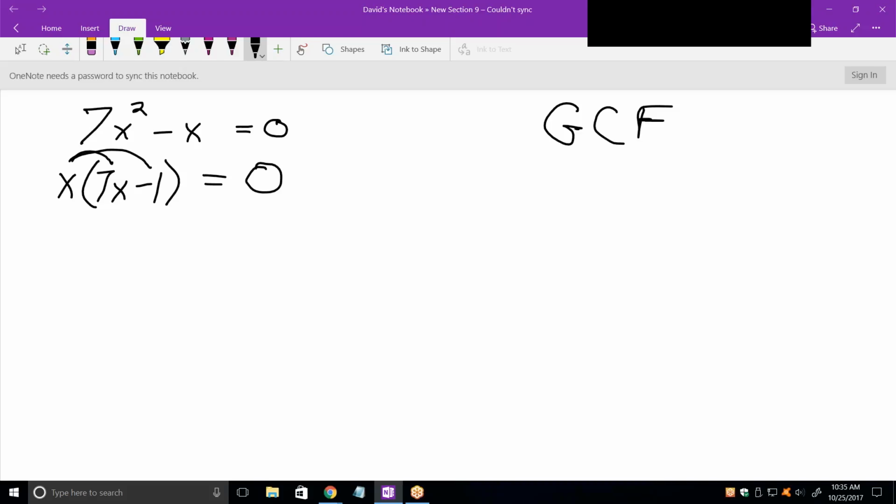So now that I know this is true, I have one thing times another thing equals 0. Then how do I solve for x? Do you plug 0 in for x? Nope.